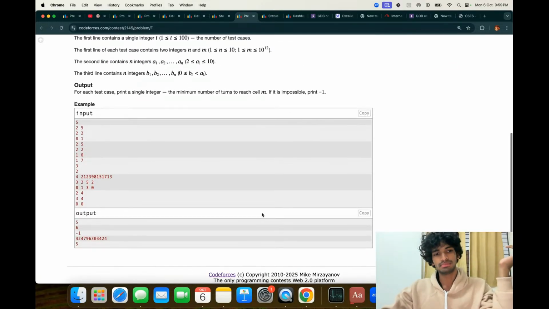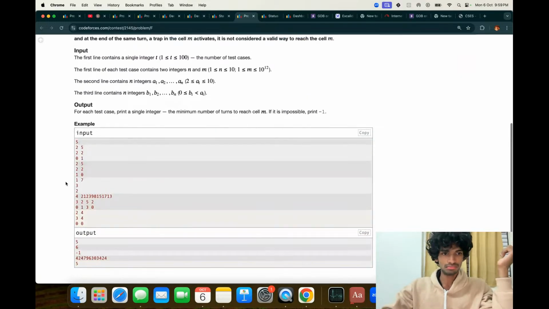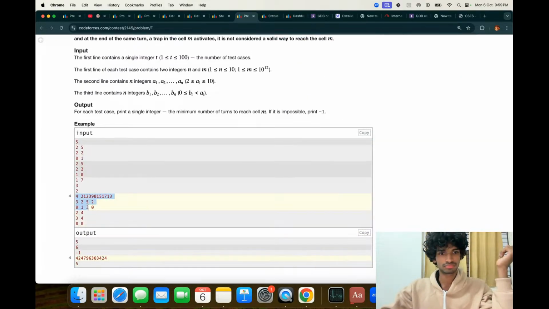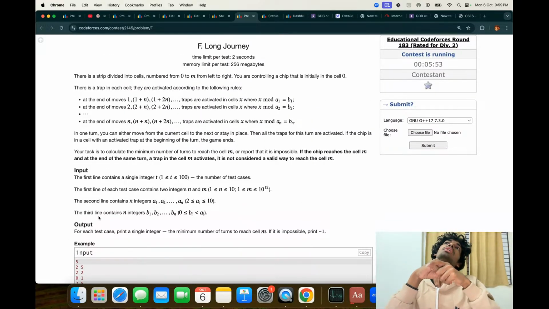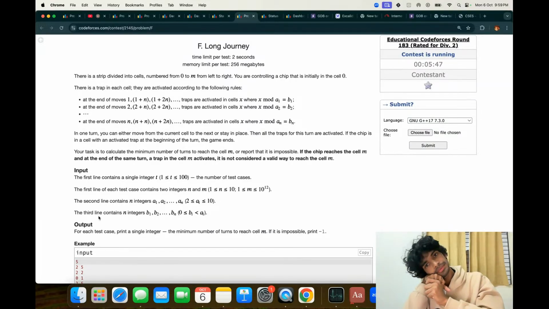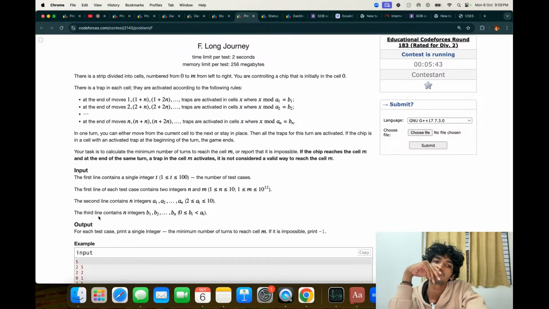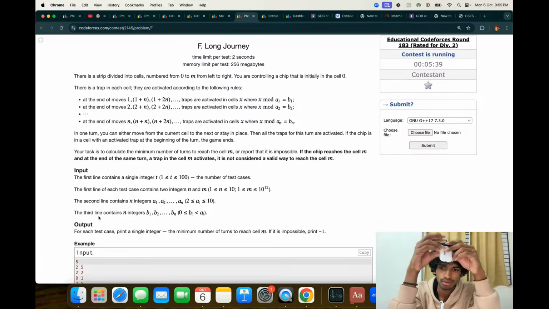It may be impossible at times. But then, ai is also small, right?